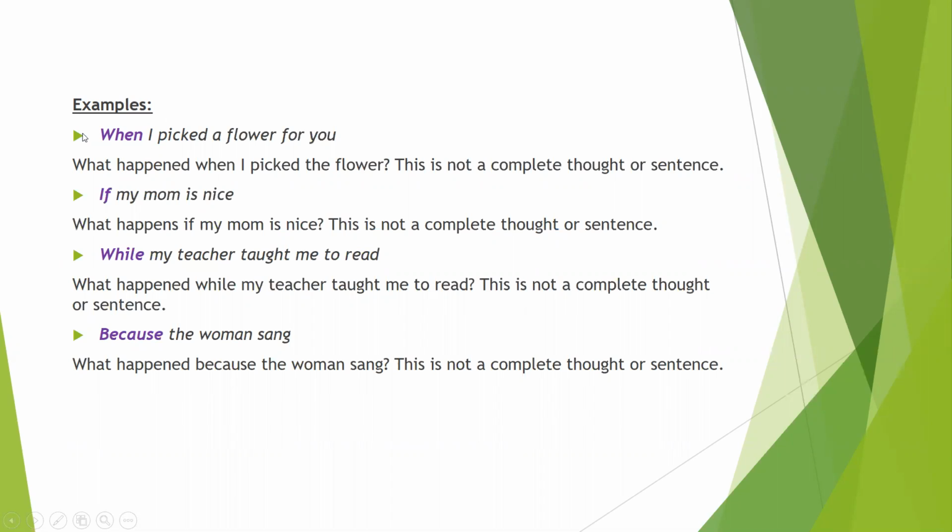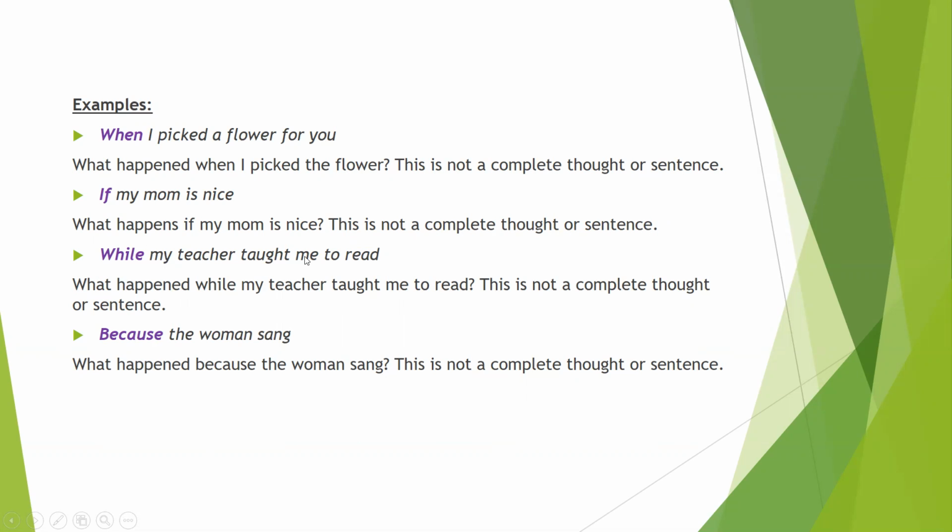For example, when I picked a flower for you, what happened when I picked the flower? This is not a complete thought or sentence. If my mom is nice, what happens if my mom is nice? This is not a complete thought or sentence.